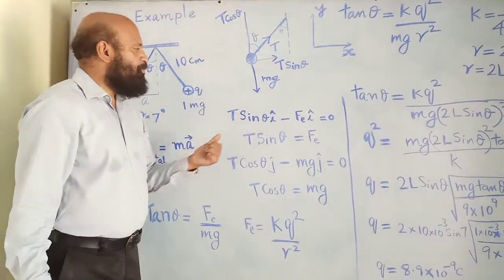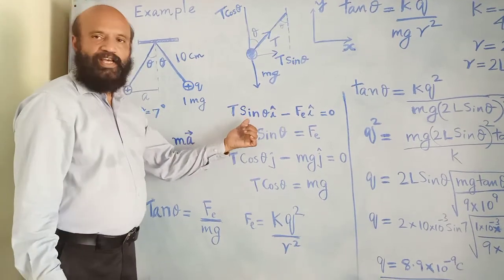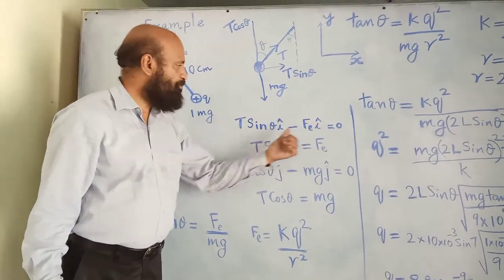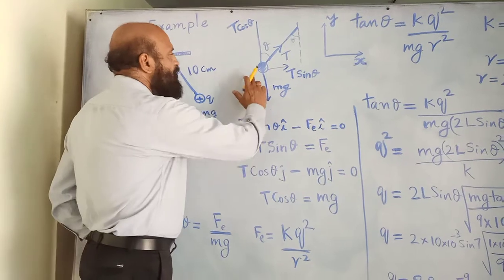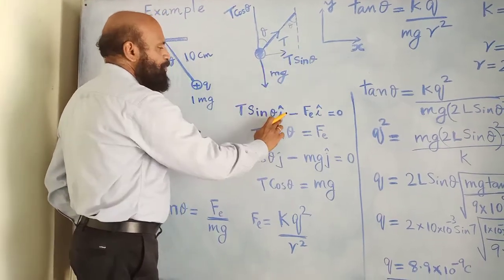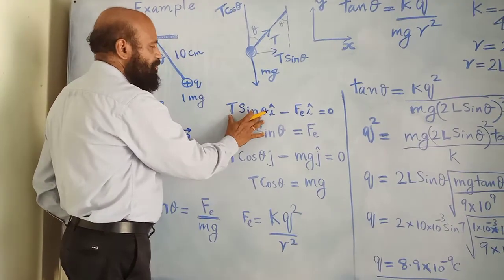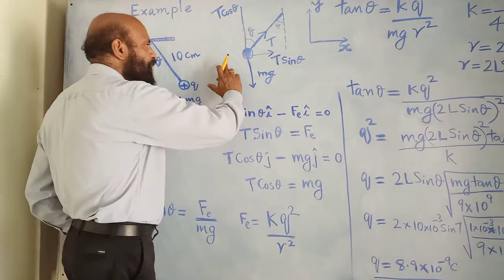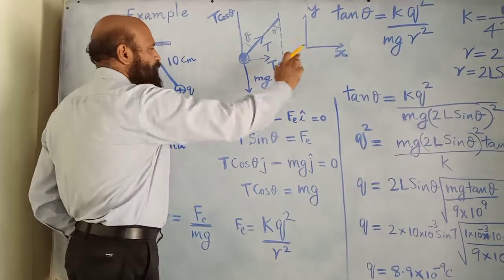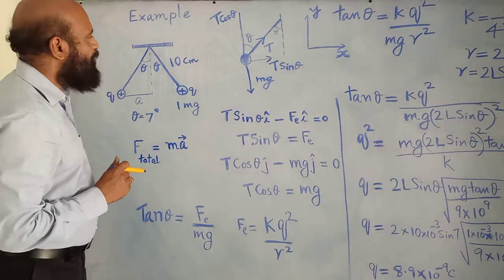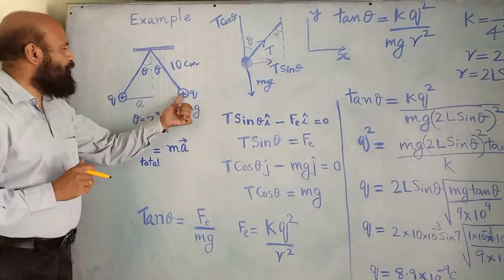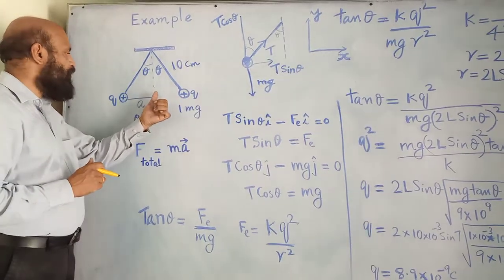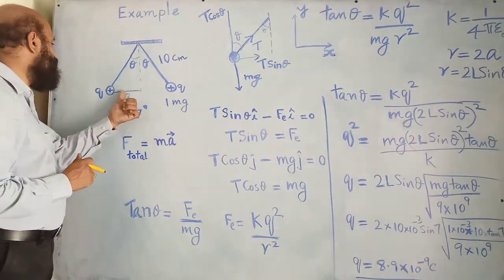Now let us apply Newton's second law in the horizontal direction. Here T sin theta is acting along the positive x-axis, so T sin theta i cap. Since there is repulsion, the electrostatic force is acting along the negative x-axis.